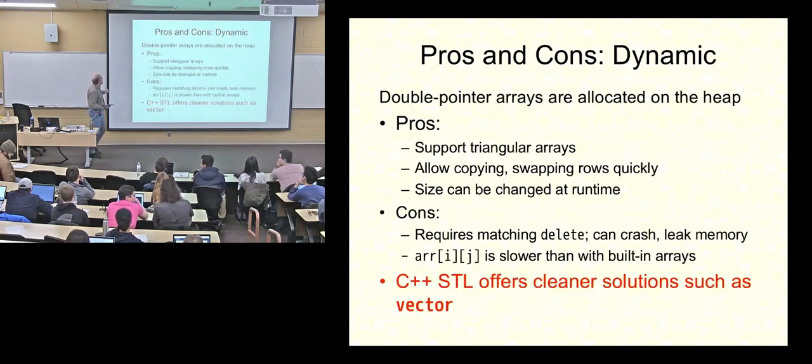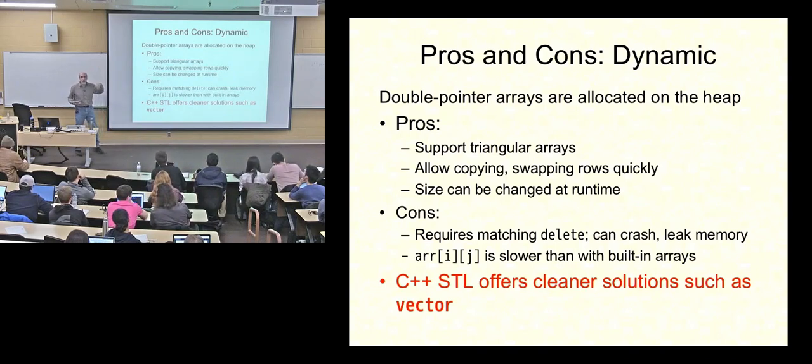Okay, where were we? So if we're using dynamic memory, the nice thing about dynamic memory, these double pointers or single pointers or triple pointers or whatever, is that all dynamic memory occurs on the heap, so we're not so limited in size. Neat thing, we can do things like triangular arrays. I can say, hey, every row isn't the same size.